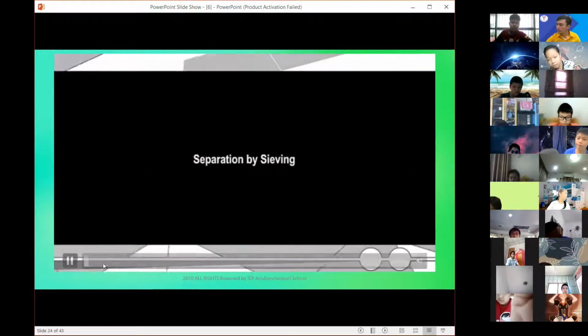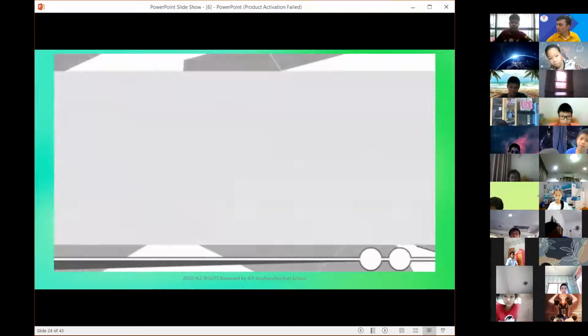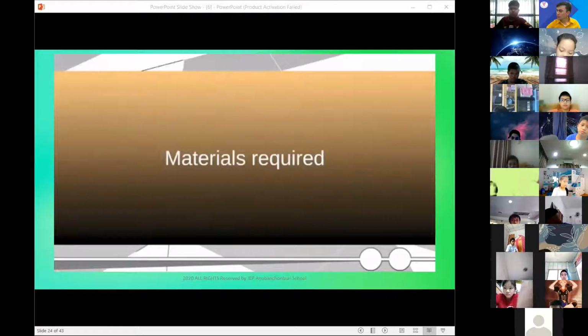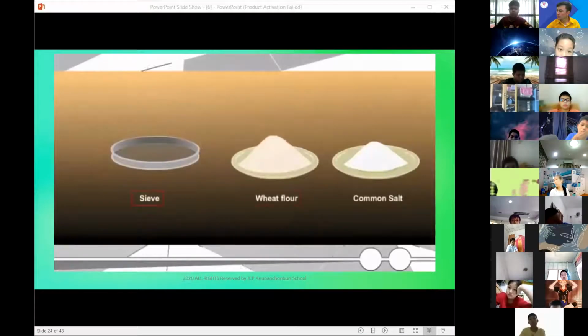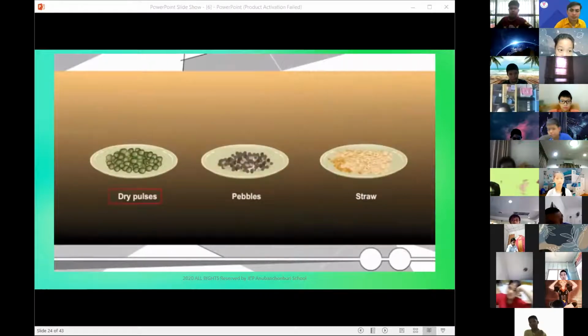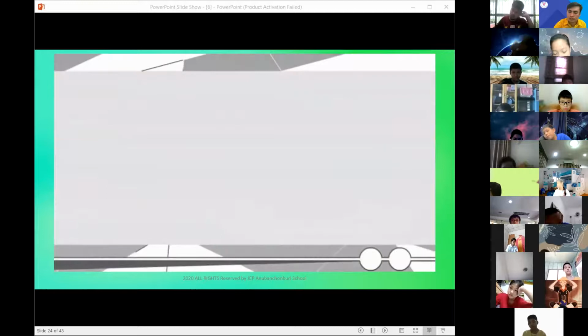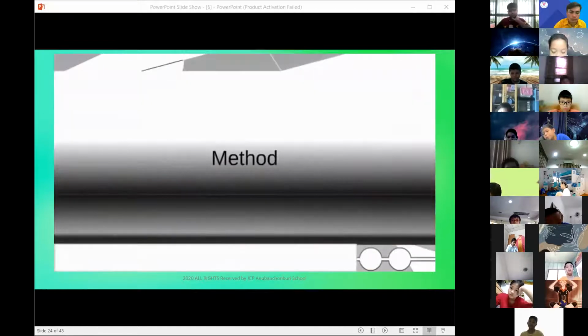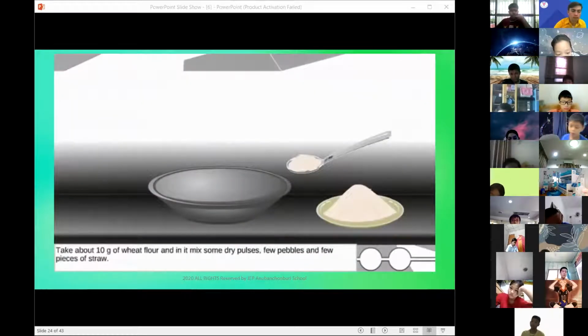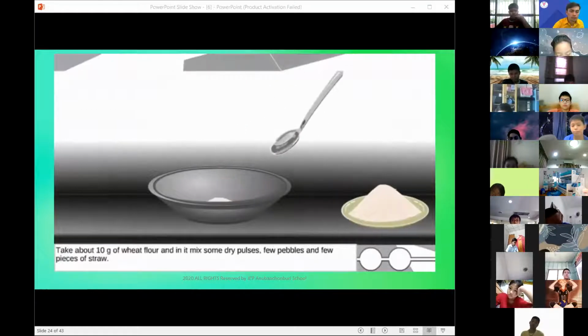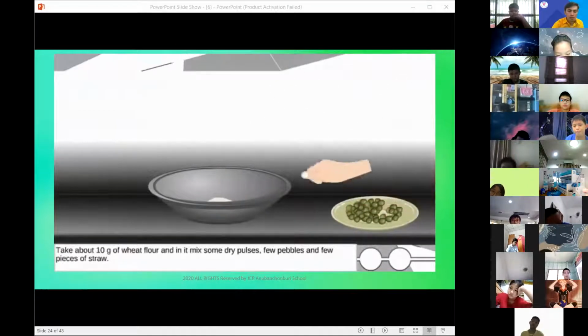Separation by sieving. Materials required: sieve, wheat flour, common salt, dry pulses, pebbles, straw. Method: take about 10 grams of wheat flour and mix in some dry pulses, a few pebbles and a few pieces of straw.